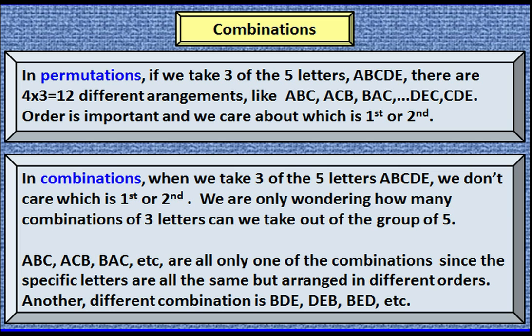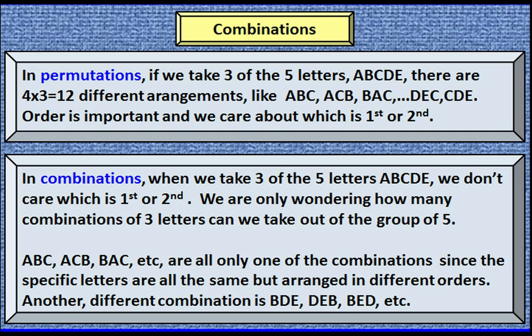In permutations, if we take 3 of the 5 letters A, B, C, D, and E, there are 5 times 4 times 3 equals 60 different arrangements, like ABC, ACB, BAC, and so on to DEC and CDE. Order is important, and we care about which is first or second. In combinations, when we take 3 of the 5 letters A, B, C, D, and E, we don't care which is first or second.